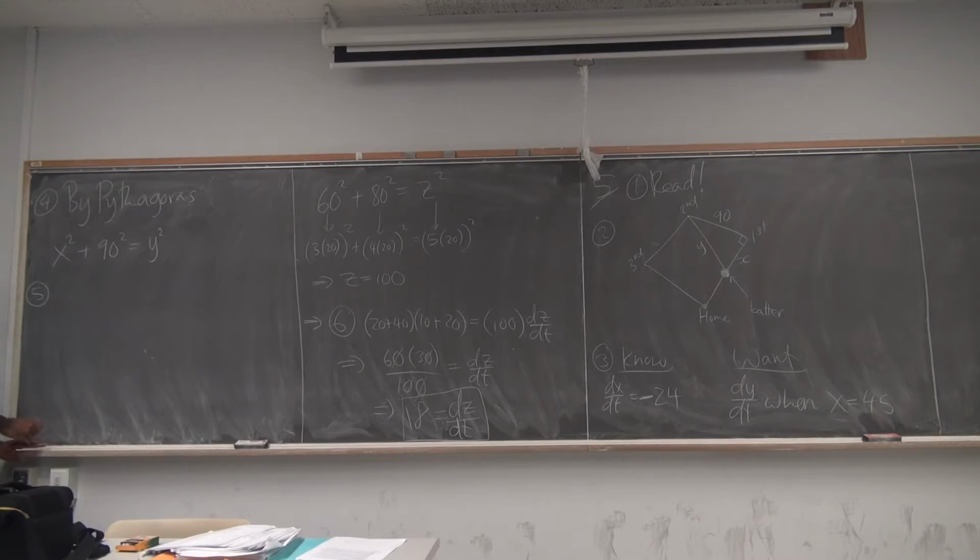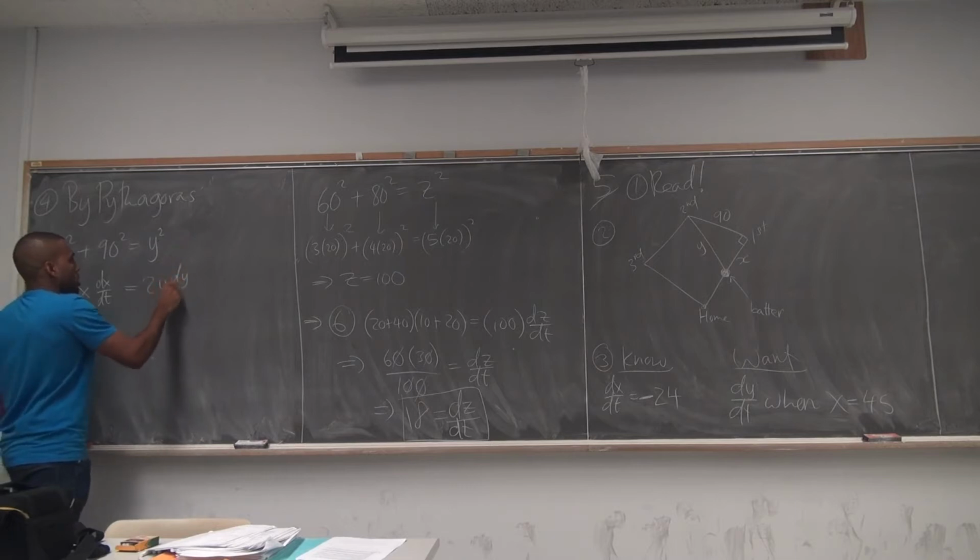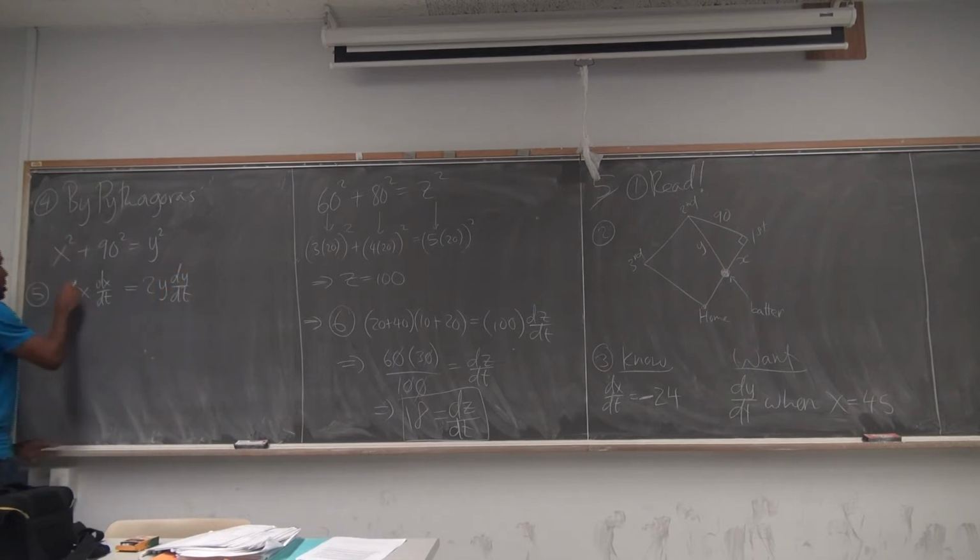What's step 5? Differentiate. What do we get? 2x dx dt plus 0 equals 2y dy dt. Just cancel the 2's. And what I actually want to find is dy dt.